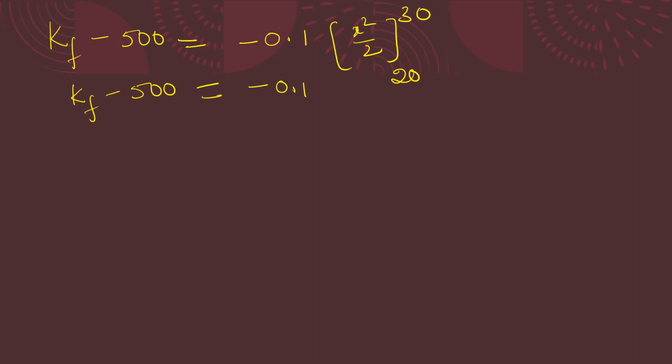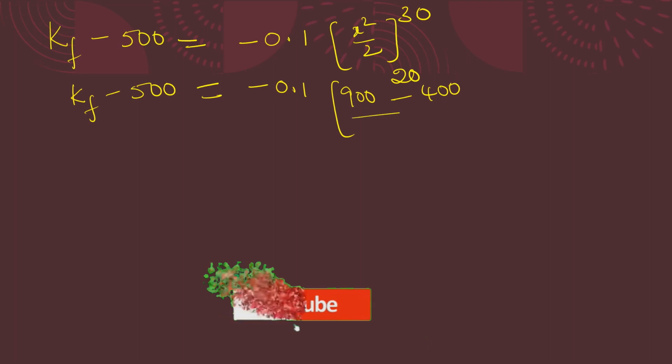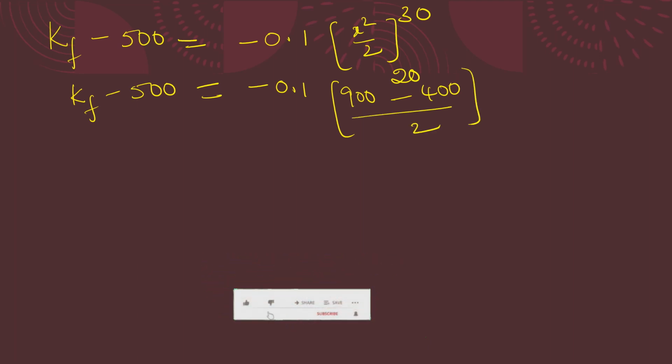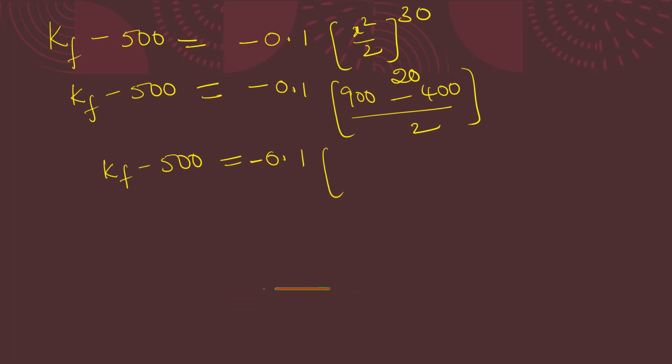So minus 0.1. Now we are applying the limits, upper limit minus lower limit. Upper 30, 30 square is 900, minus 20 square 400, by 2. So Kf minus 500 is equal to minus 0.1 into 900 minus 400, 500, 500 by 2.